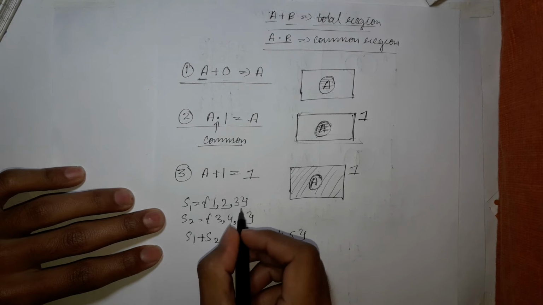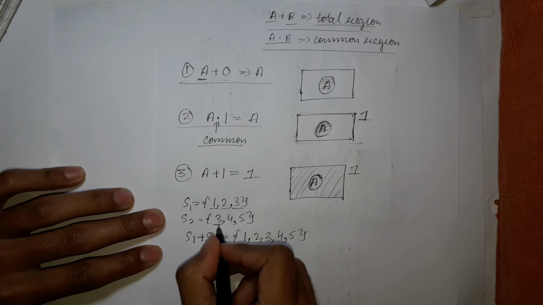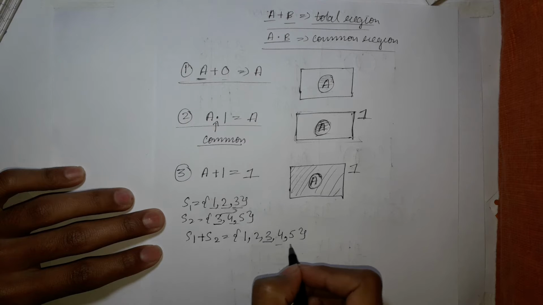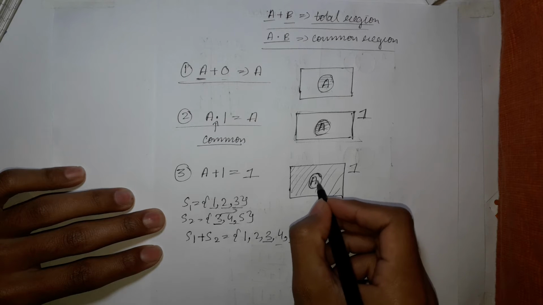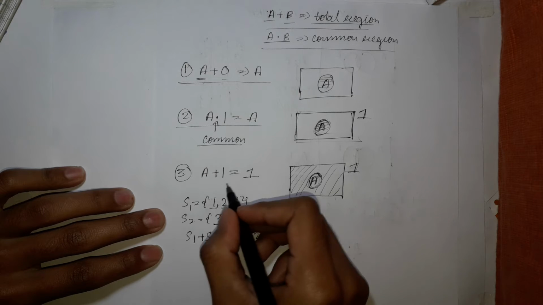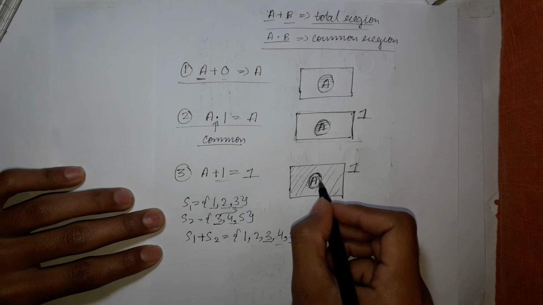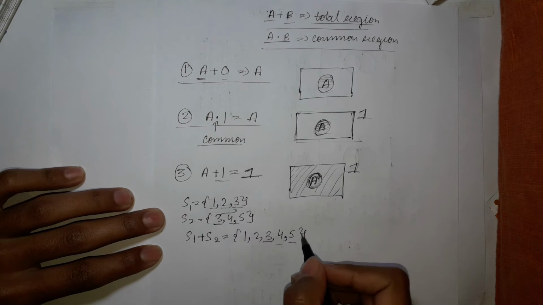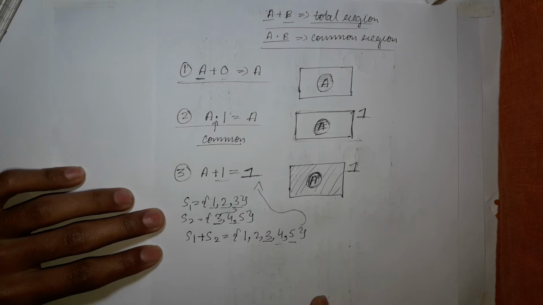That is, this one is covered, this one is covered, this one is covered, and now the similar one has appeared, but it is already covered. So once only, and then 4 and then 5. Similar is the case here. The total region covered by 1 or A is already covered, 1 has already covered A, so the answer will be 1. Okay guys, I hope you are able to relate this with this question.